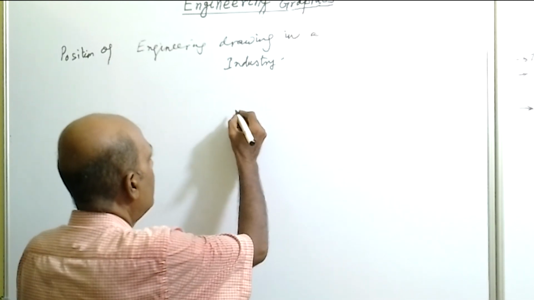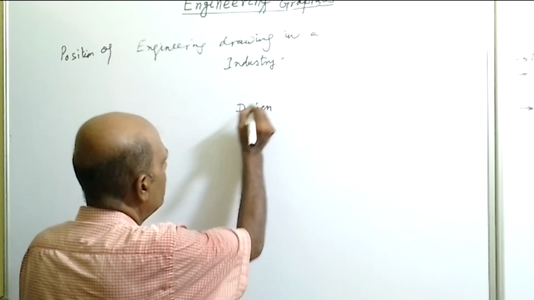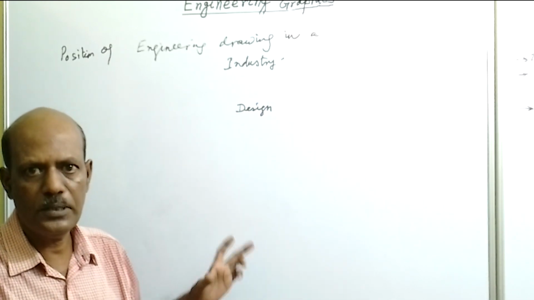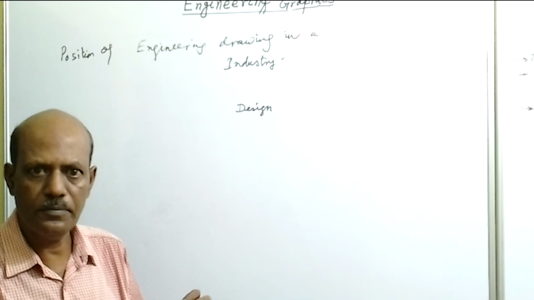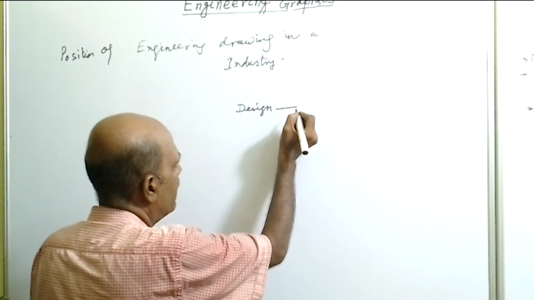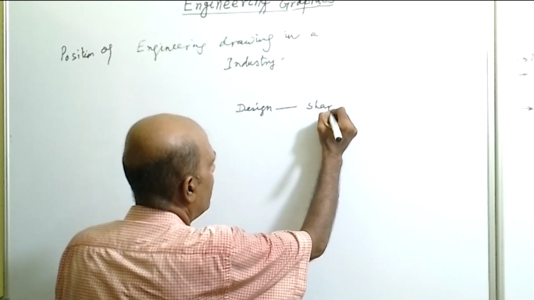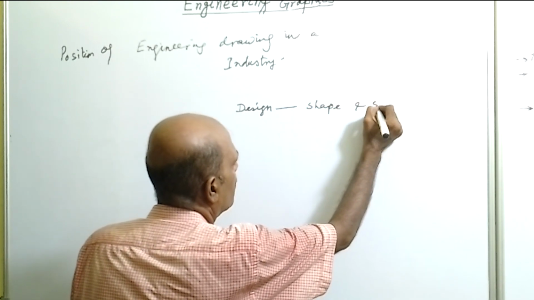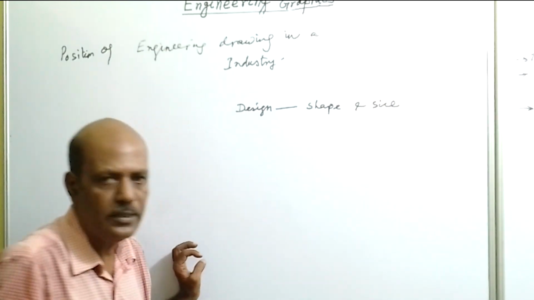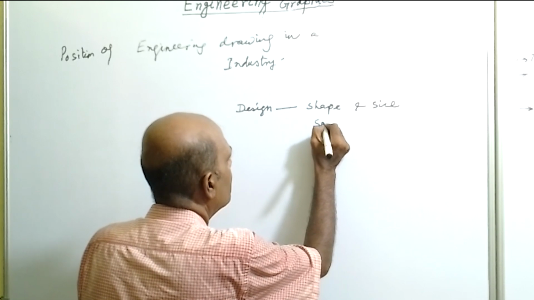So first the design of the component is made. Design means the shape and size of the object is decided by the designer. The shape and size of the product is first described, and it is called the specification of the product.